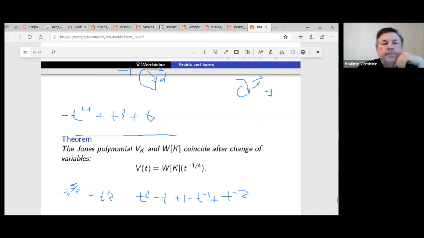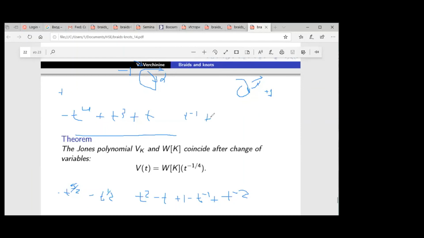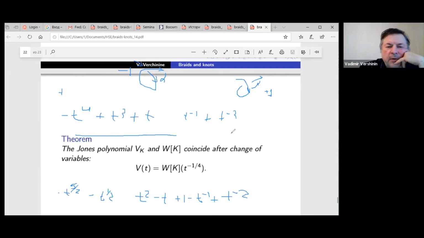Yes, you're right. So you see that this is the positive trefoil, the right-handed trefoil. And for the left-handed trefoil, it will correspondingly be T minus 1 plus T minus 3 minus T minus 4.